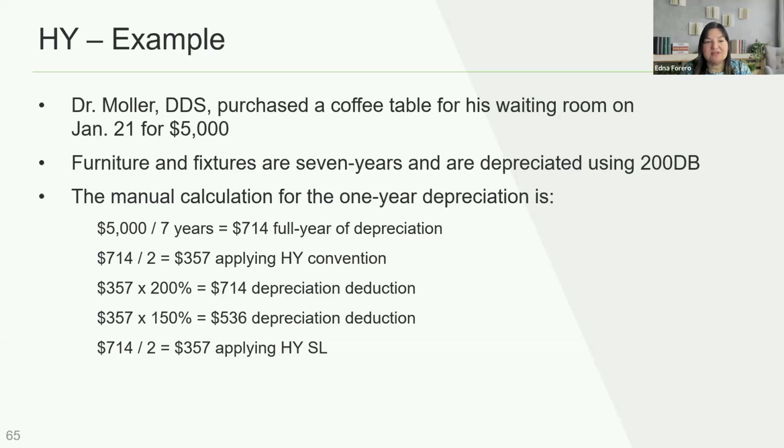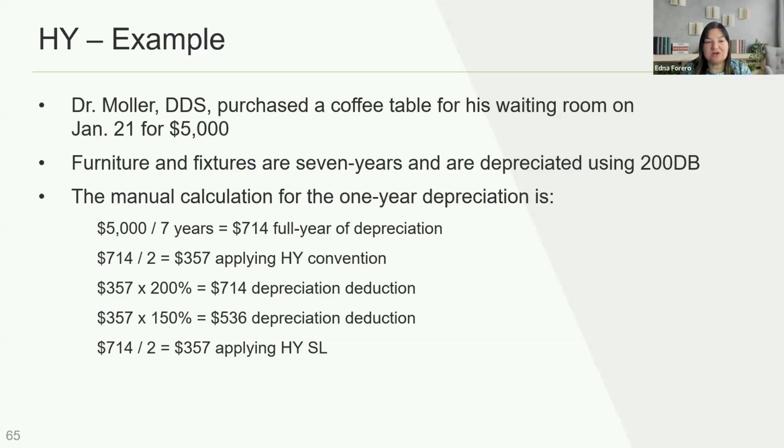However, we have to divide that by half because we're using a half-year convention, so 357. And then 357 by 200% is 714. If we were to go under the 150 declining balance, that would be 357 times 150%. And 714 divided by 2 is 357, which is the half-year straight line depreciation in this case. So there's an example of using all 3 methods for you.